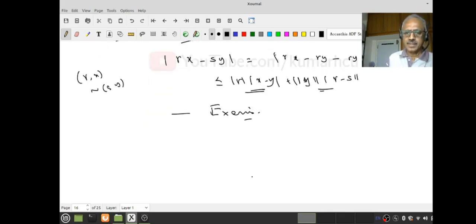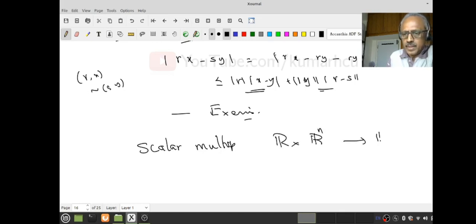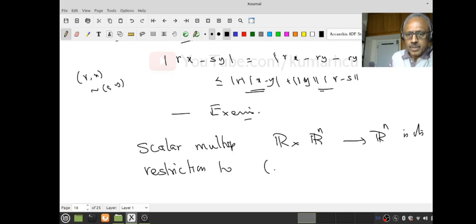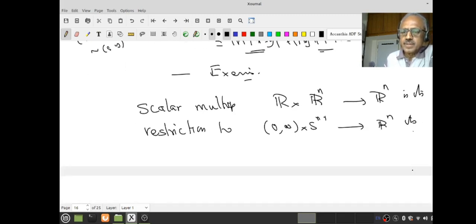Come back. So the scalar multiplication from R cross Rn to Rn is continuous. Therefore its restriction to 0 to infinity cross Sn minus 1, these are all subsets of Rn, is continuous. You follow that?